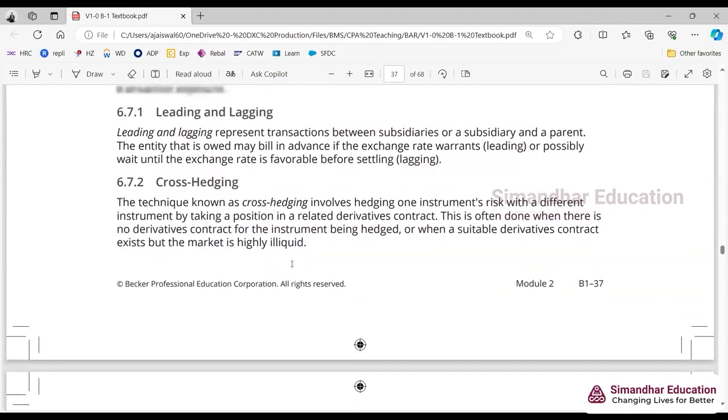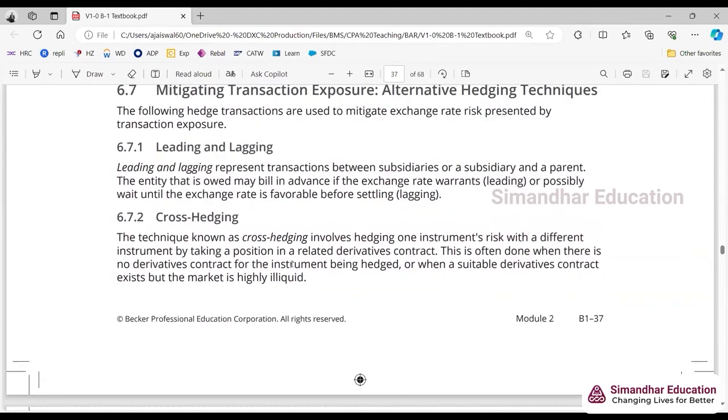Now this is interesting, cross hedging. Okay, so cross hedging basically means that in case we don't have a hedging instrument for a currency, I'm just making up some example. Let's say we have a vendor in Bhutan, and we don't have any hedging or derivative instrument for Bhutan, and we will see next which country has a positive correlation with Bhutan.